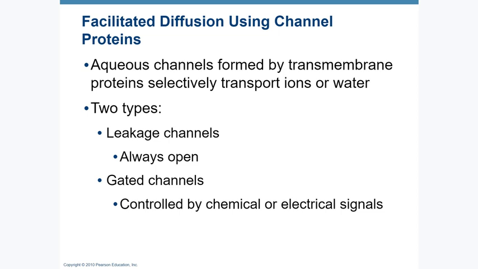Now we have channel proteins, and these come in two forms. We have an aqueous channel formed by a transmembrane protein that selectively transports either ions or water. We have two types: leakage channels, which are always open, and gated channels, which are controlled by a chemical or an electrical signal.